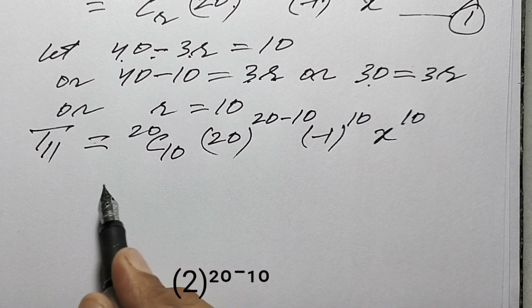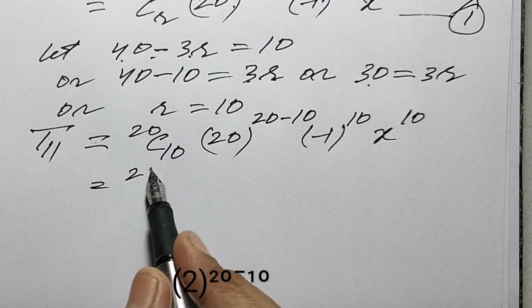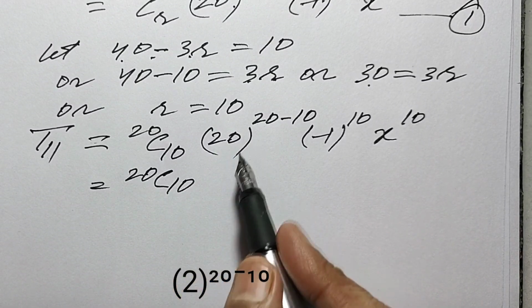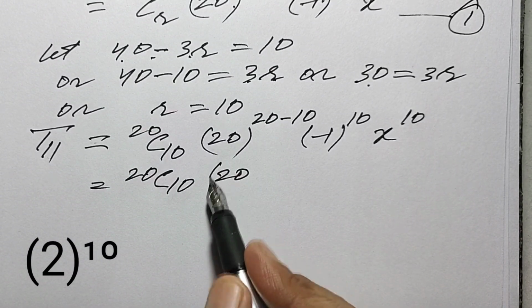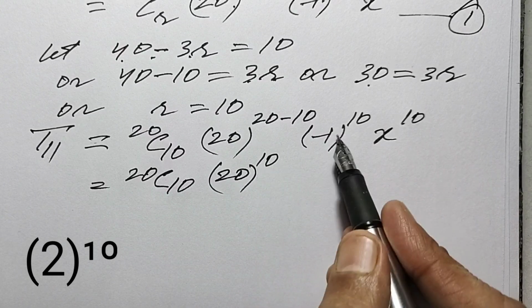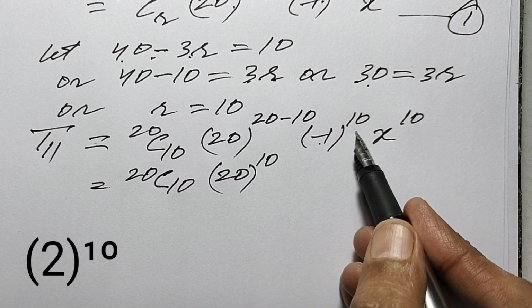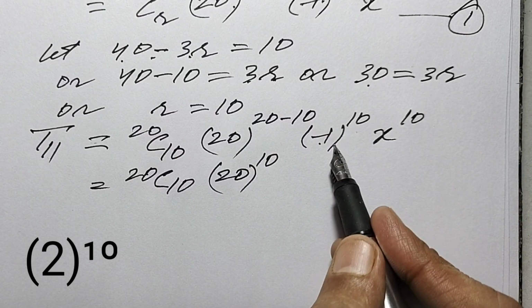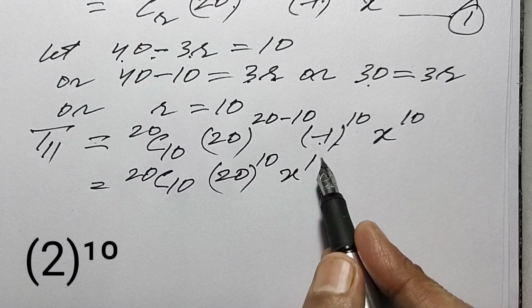So simplifying one step further, 20C10 into 20 raised to the power 10, minus 1 raised to the power 10, even exponent is always positive, so it becomes positive, and x raised to power 10 is left.